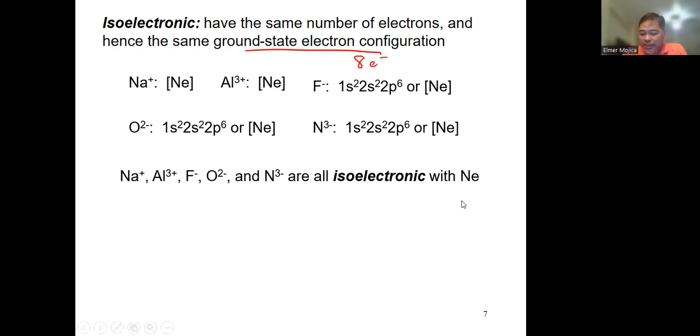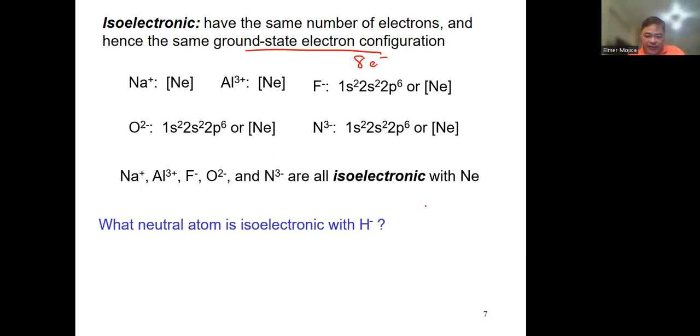So you may ask the question, which of the following are isoelectronic with a certain element? Be well prepared. You may ask, what neutral atom is isoelectronic with H minus? What will be your answer? H minus has 1s2, because you have an extra negative charge.